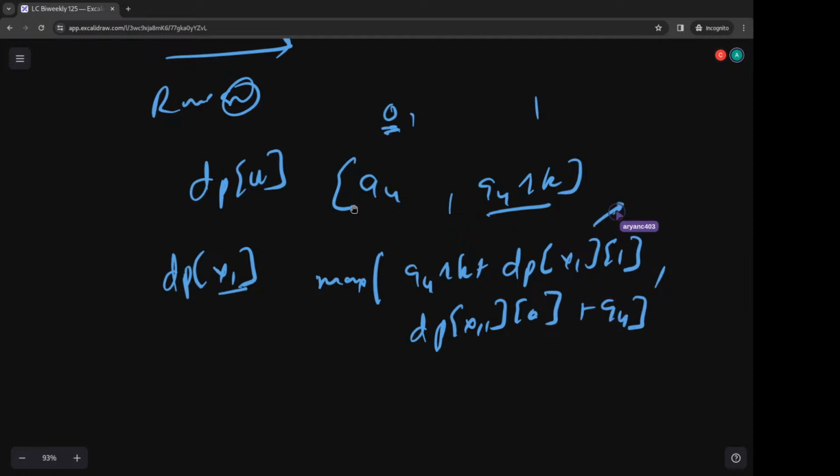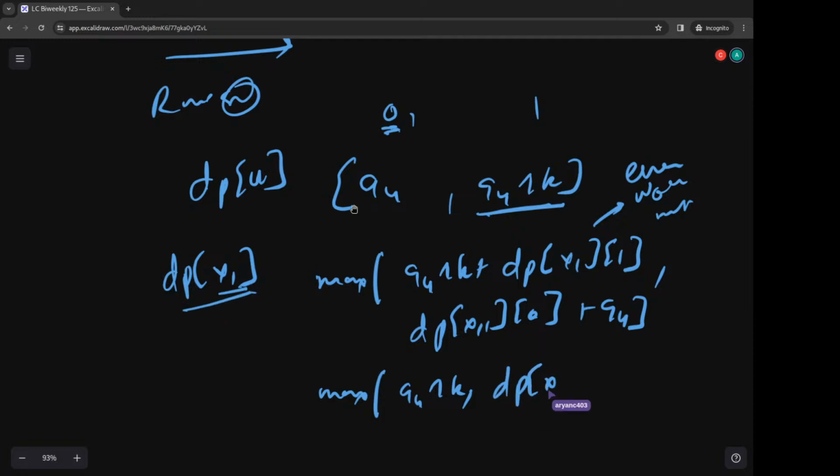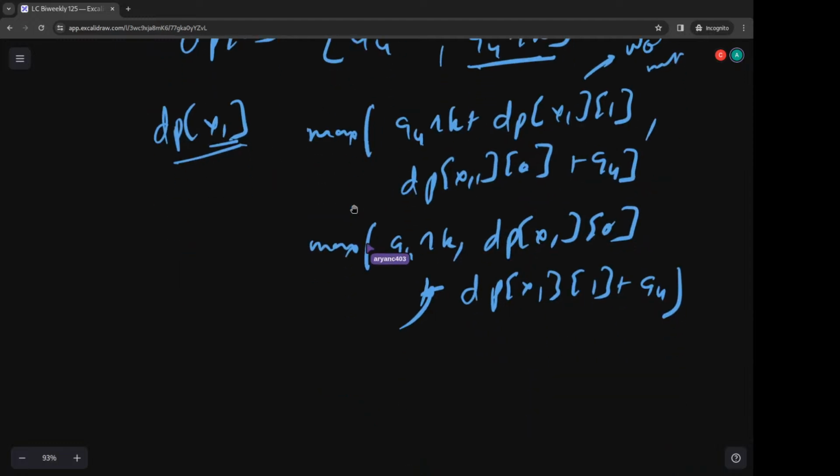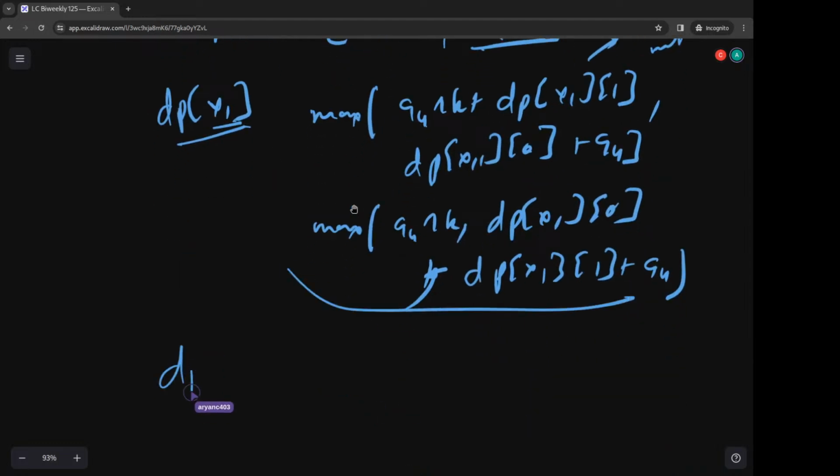This would be the case when an even number of nodes have changed. Similarly, to find the odd case, it would be either this node is changed and nothing is changed in this subtree, or there are an odd number of nodes in this subtree and nothing changes over here. Now we can use the result to go for dp x2 and add that to the given dp state as well.